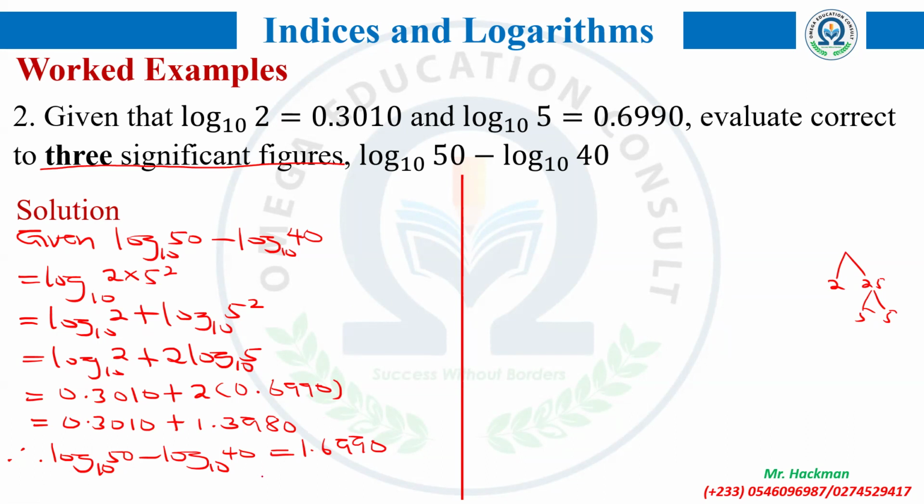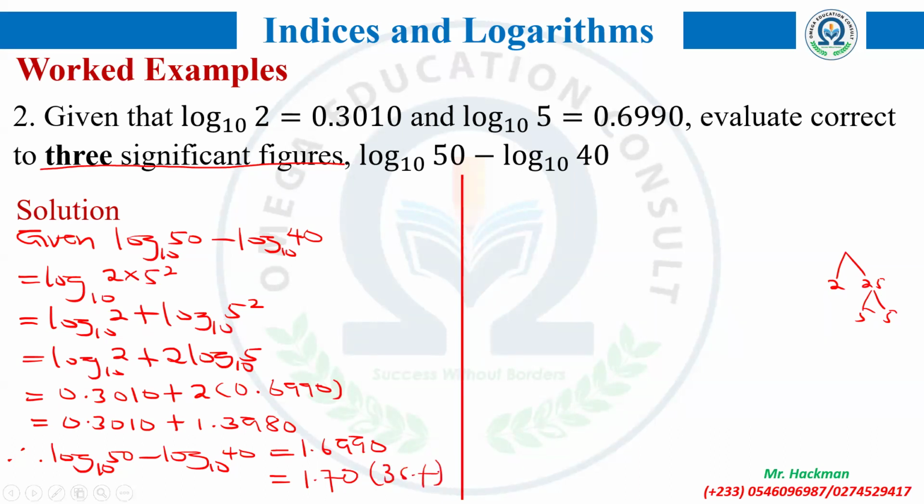I will move a step further and write equal to, then convert this one to 3 significant figures. Your first significant, second, so your third. If you add one, this is fourth. You add one, you are going to get 10 here. You add one, you get 7. So you get 1.70, and you put bracket 3 SF.